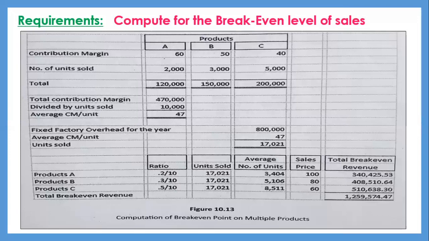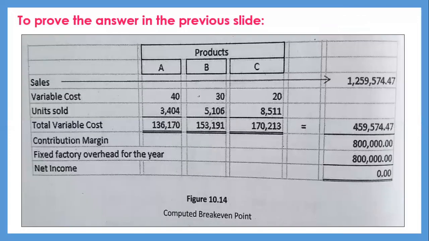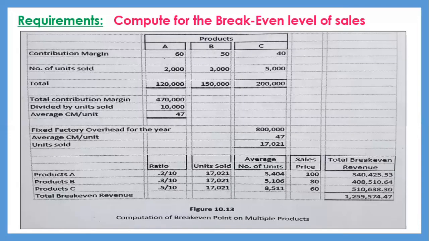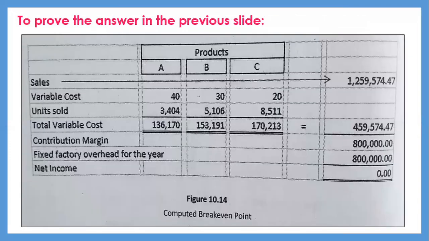Now, how do we prove this answer then? To prove the answer in the previous slide, as shown in figure 10.4, this is an example of a computed break-even point. Remember, based on our calculation here, our total break-even revenue is 1,259,574 pesos and 47 cents, right? So that would be our sales in this case.